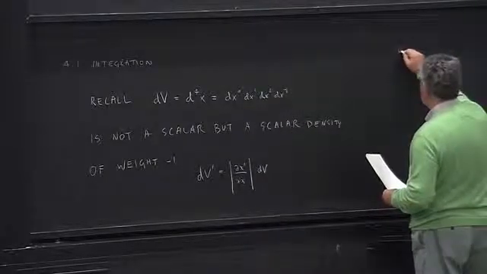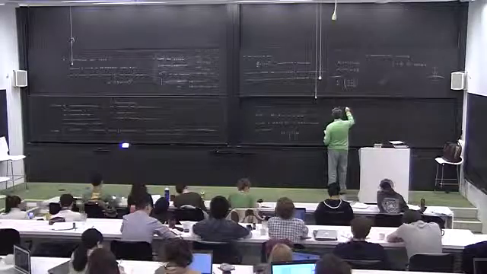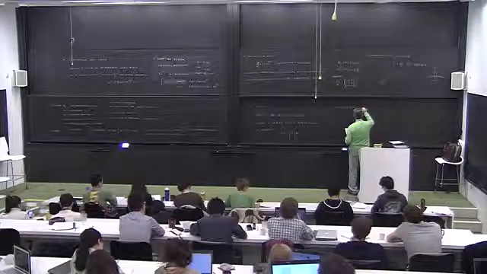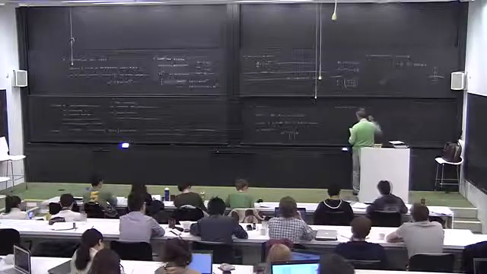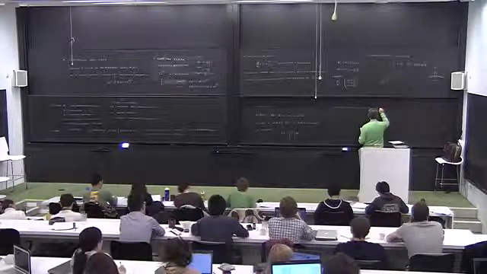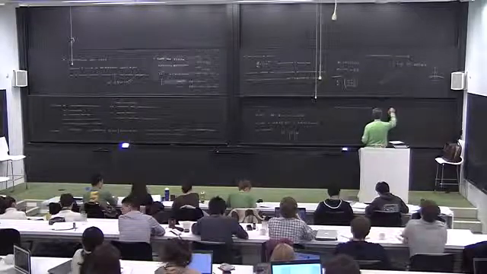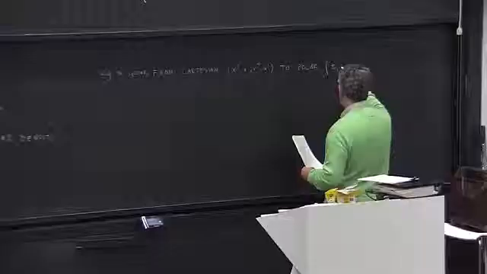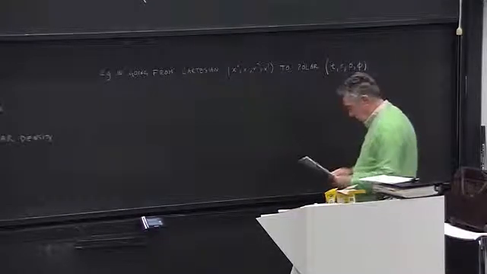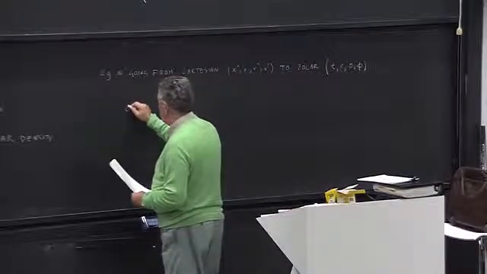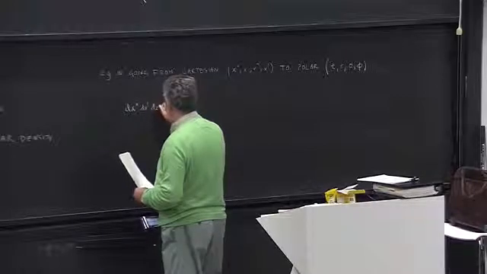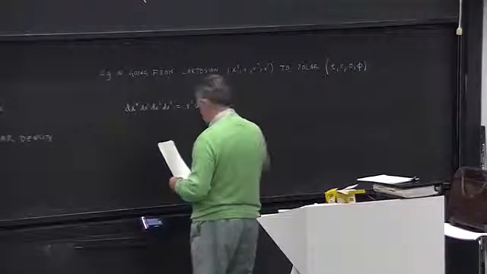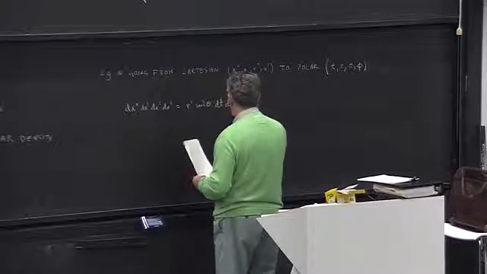For example, in going from Cartesian to polar, we find dx0, dx1, dx2, dx3 is r squared sine theta dt, dr, d theta, d phi.